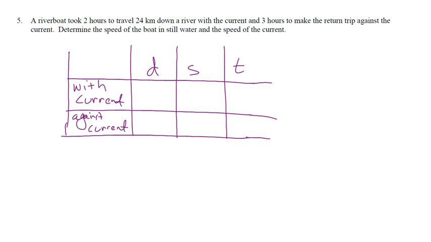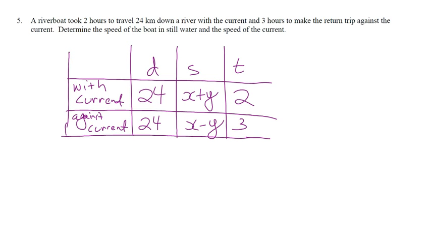Riverboat took 2 hours to travel 24 kilometers down a river with the current. So what are we going to put for our speed? X plus y. And 3 hours to make the return trip. And what are we going to put for the speed? x minus y.